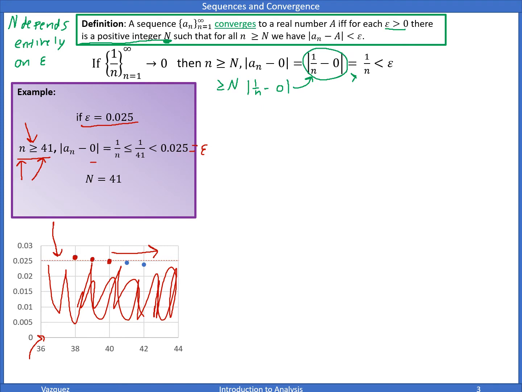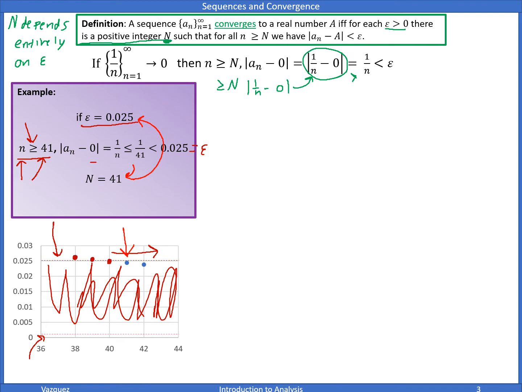And again, the reason it's 41 is because at the 41st term and after, they're all within our goal. But notice how this 41 depended entirely on this epsilon. Given that epsilon, now we know to choose big N as 41. So in essence, this just means given any epsilon, I can find an N here that from that point on, I am within my goal. I am within that epsilon of my limit point.